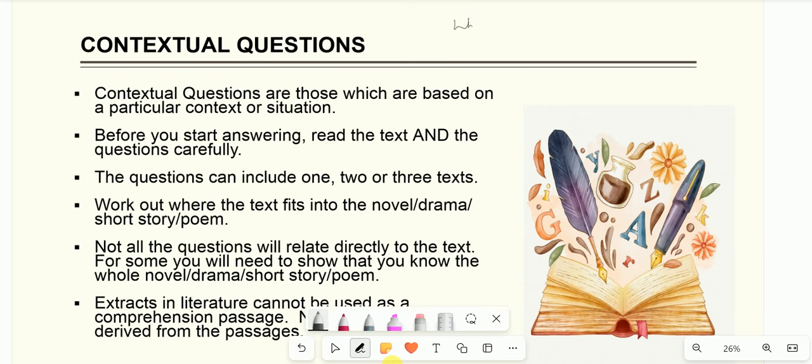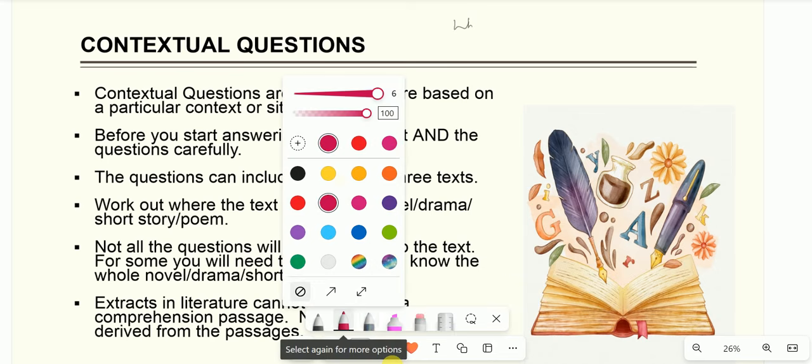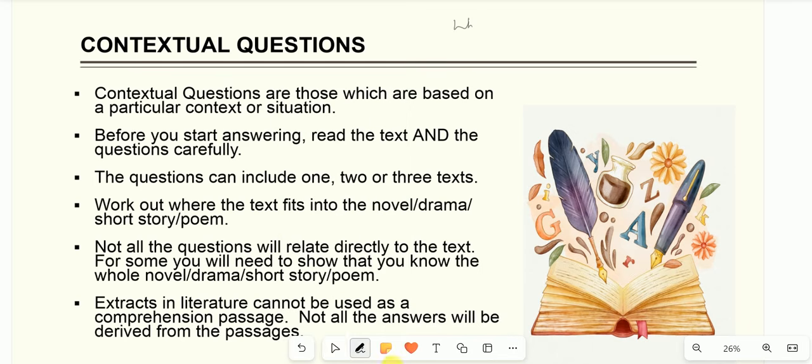One, what is the setting in that extract? That way you know where the plot is. Quickly, just write with a pen or pencil on your question paper. What is the setting? And then after that, who is involved here?